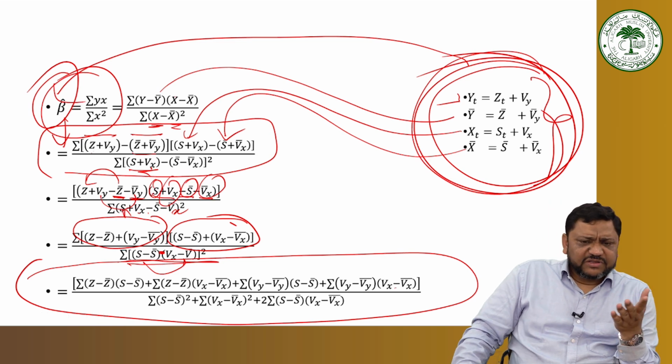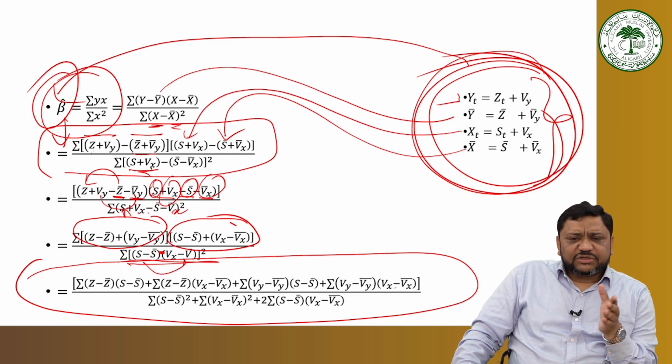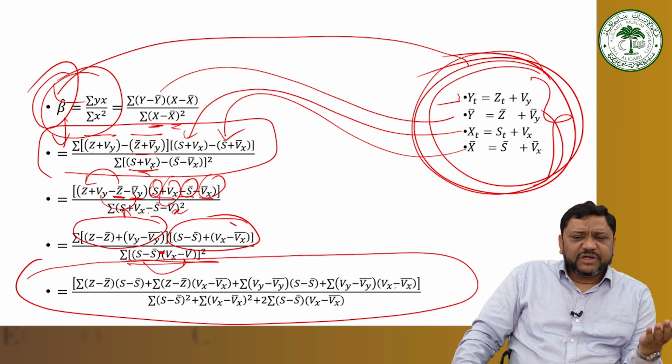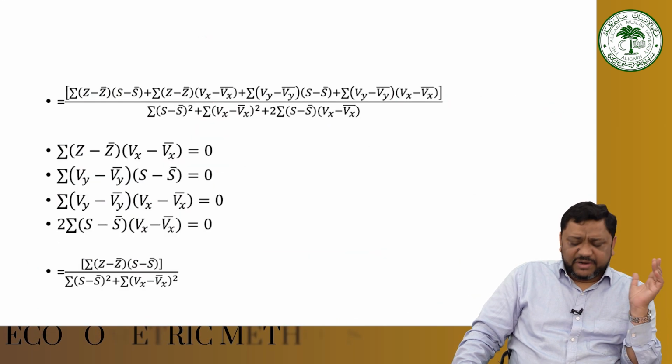And see, we had assumed zx and vx are uncorrelated. It is expected the value and probability limit will be 0. There is no relationship between errors associated with the independent term and also no error associated with the dependent term.